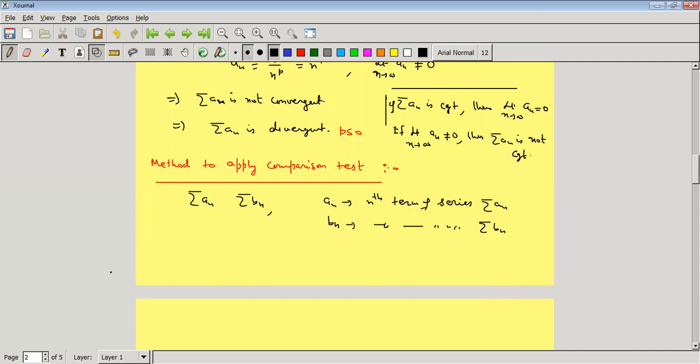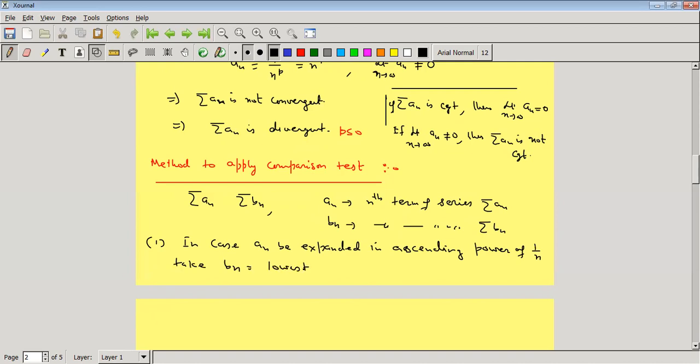So in case an can be expanded in ascending powers of 1 upon n, then take bn equal to the lowest power of 1 upon n.